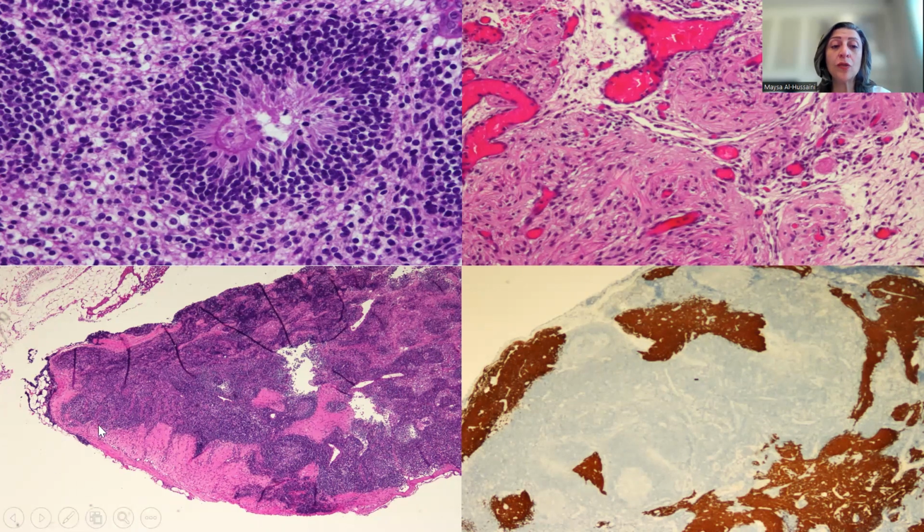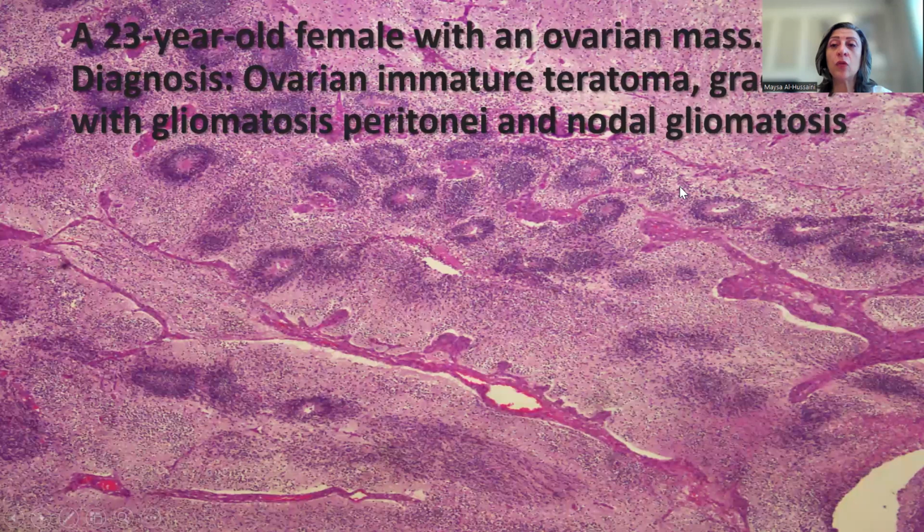This is the nodal gliomatosis, and this is the GFAP immunostain that highlighted the nodal gliomatosis, but is also positive in the gliomatosis peritonei, but not in the immature component in the ovary. Now, the final diagnosis in this case was ovarian immature teratoma grade 3 with gliomatosis peritonei and nodal gliomatosis.